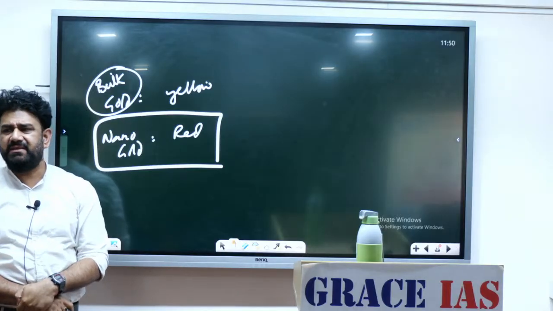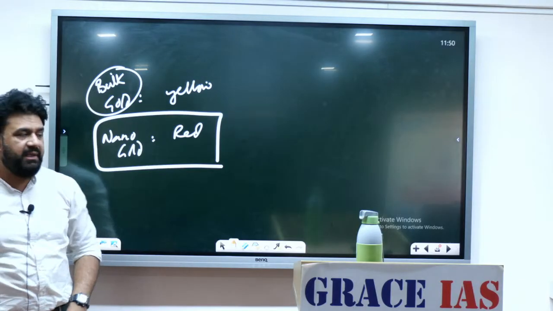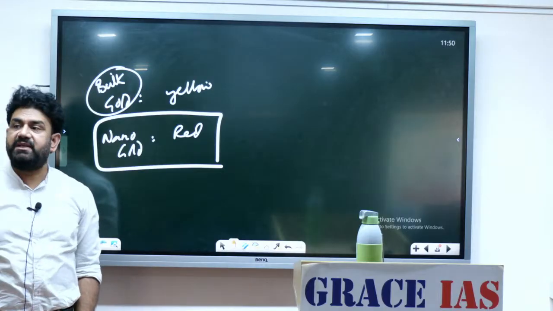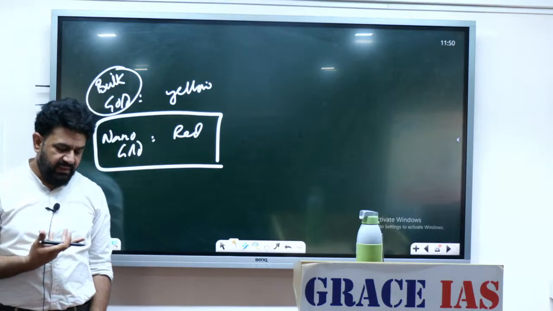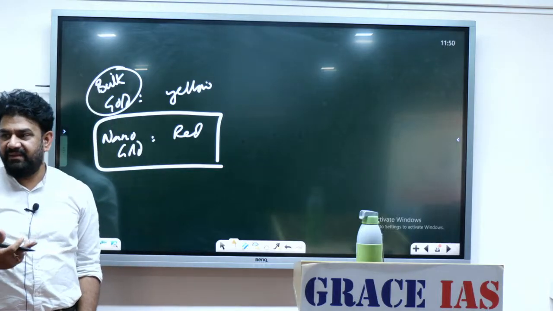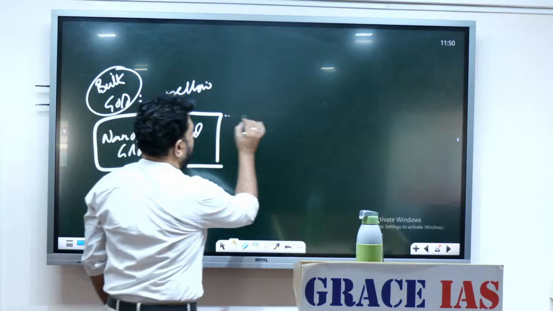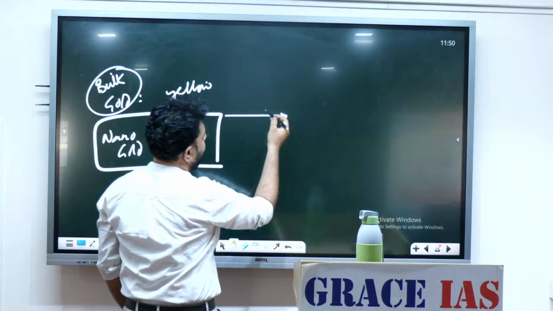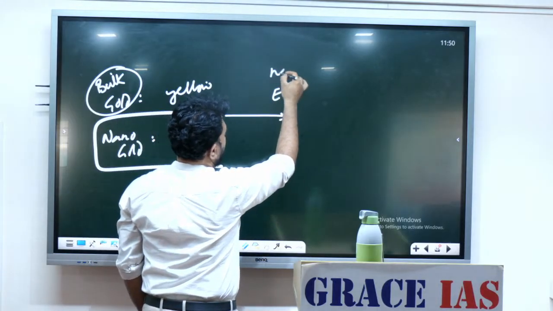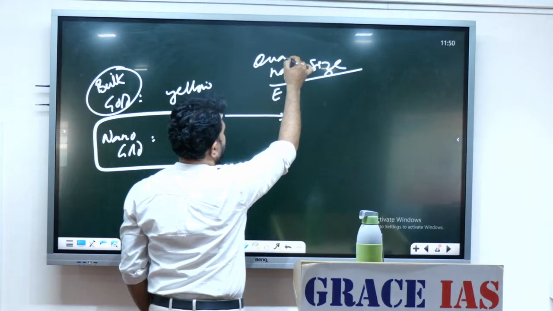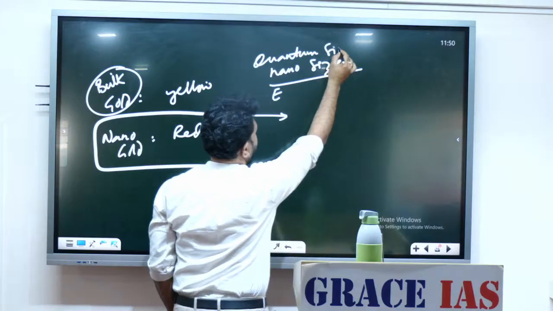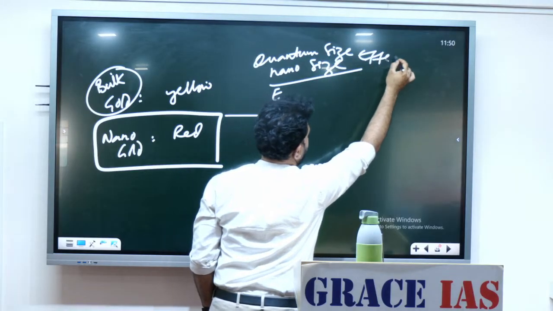What do you understand based on this? A very important point here, because this can be a potential question. I don't know whether UPSC will go to that depth or not, but you never know. Yes or no? You never know. This proves that the nano size particles, quantum size effect we say, again quantum size effect.